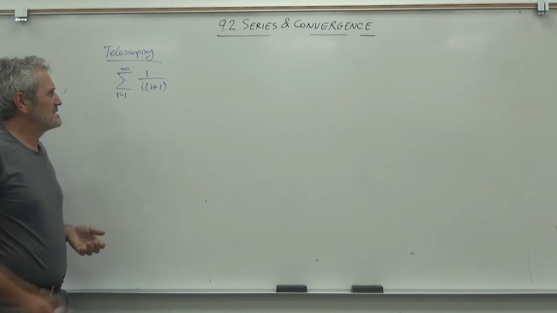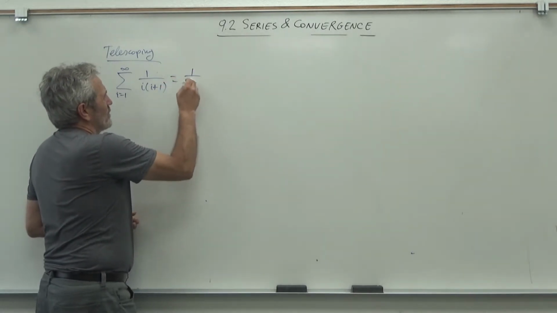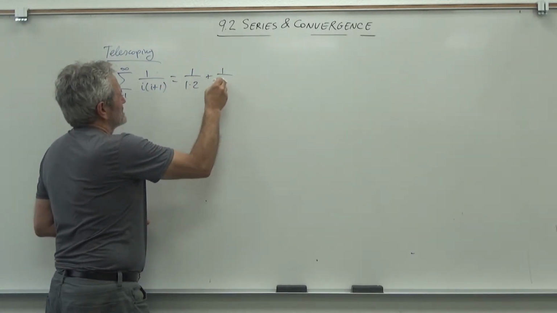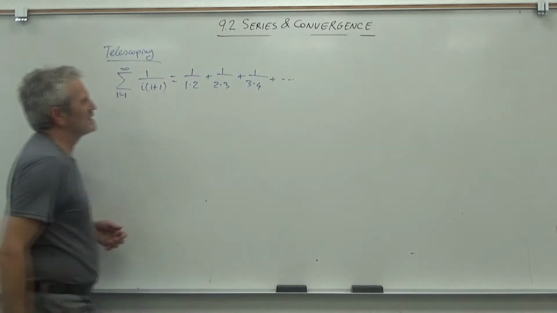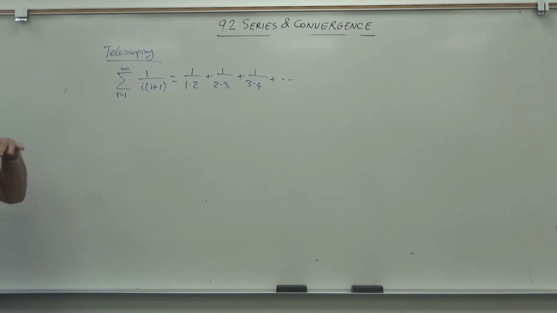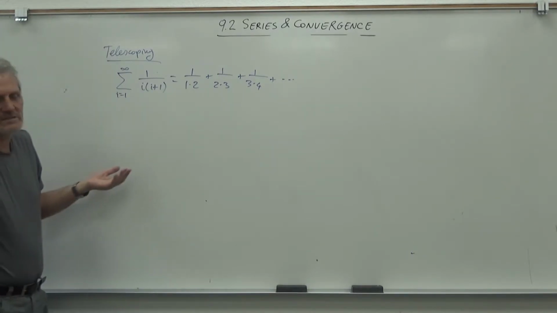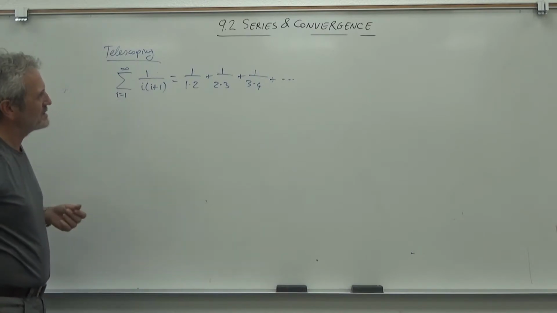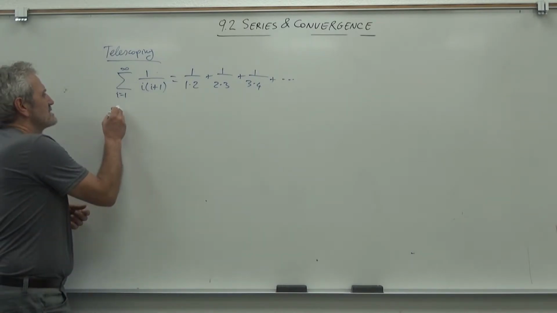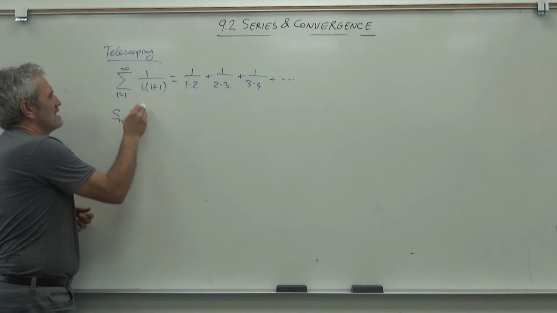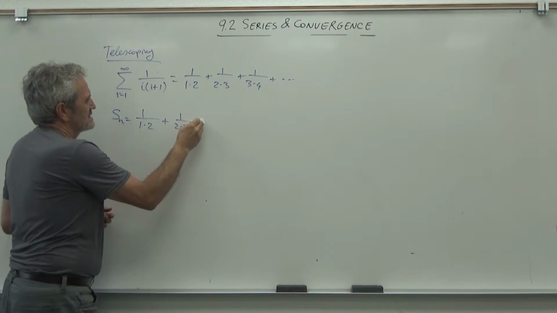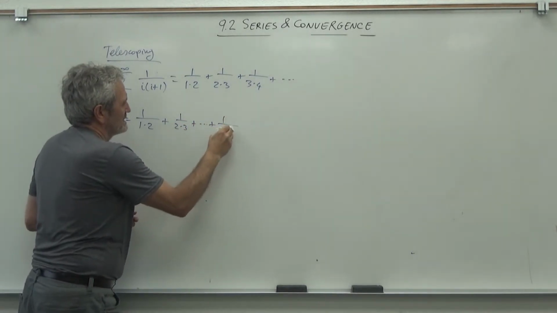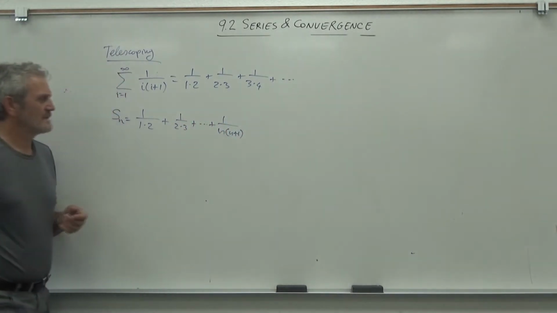There is basically what is this? 1 over 1 times 2 plus 1 over 2 times 3 plus 1 over 3 times 4 and so on. So numbers are nice and they increase at a very nice gradual level, and that gives us a chance to play one trick, as I said, nothing big. So here's the story. So what is Sn? 1 over 1 times 2 plus 1 over 2 times 3 plus 1 over n times n plus 1.